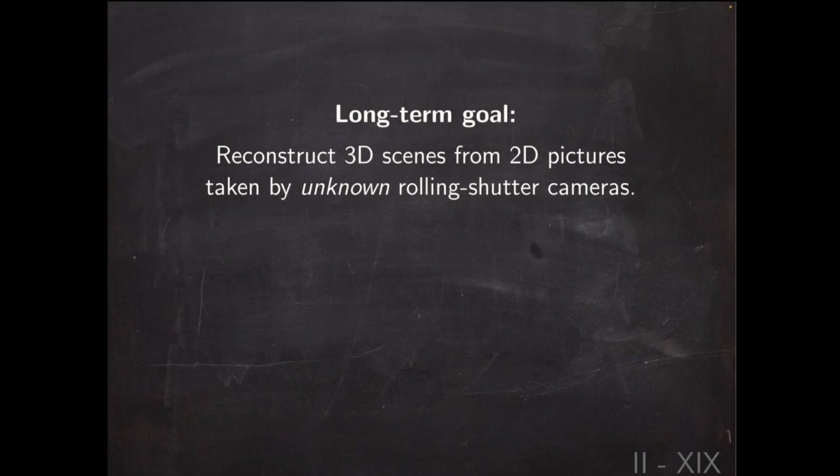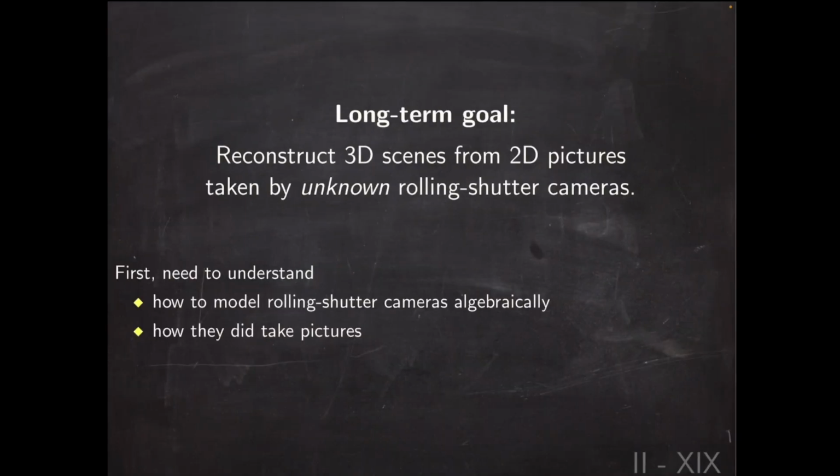This is a technology that exists under the assumption that you don't have fast movement. It works very well, but it works only in very restricted cases for these rolling shutter cameras.